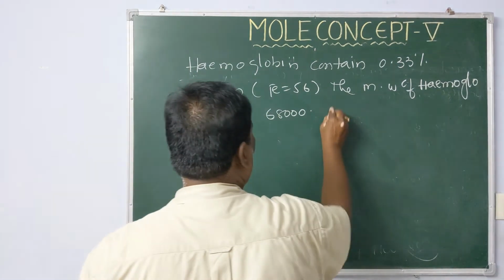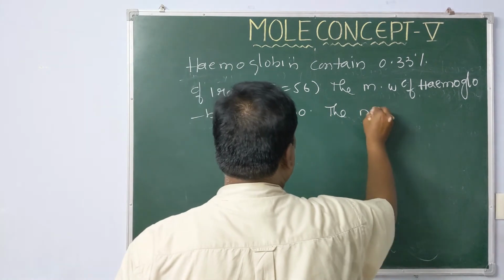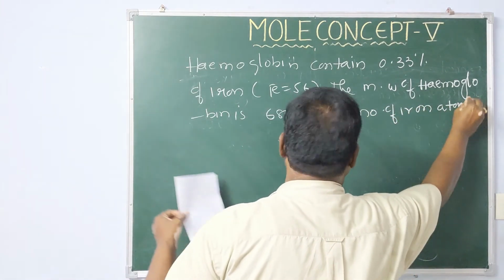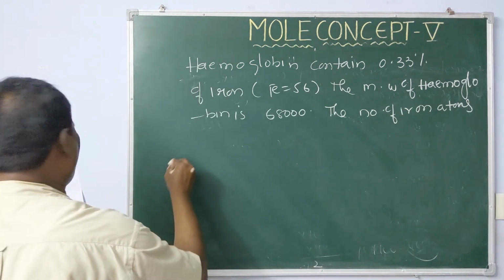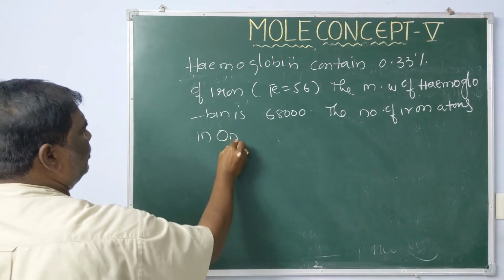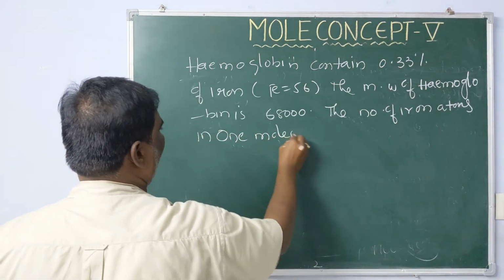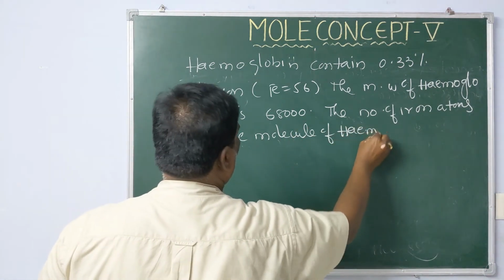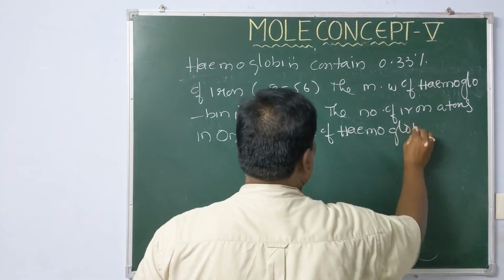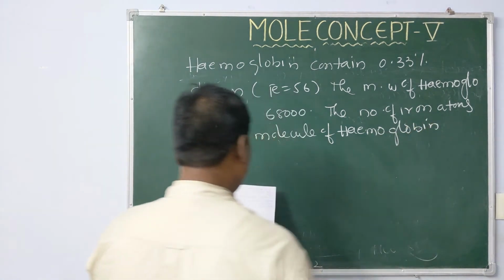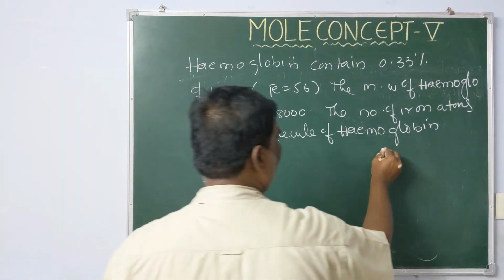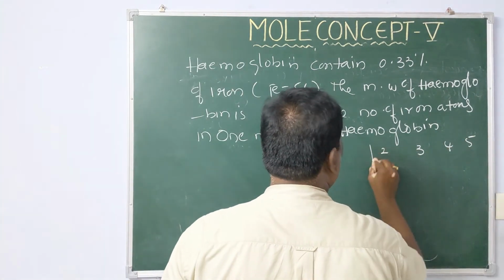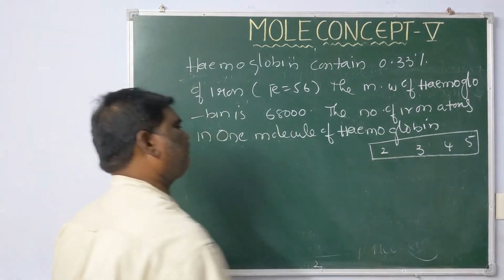Now find the number of iron atoms in 1 molecule of hemoglobin. This is the question asked. The options are 2, 3, 4, 5.